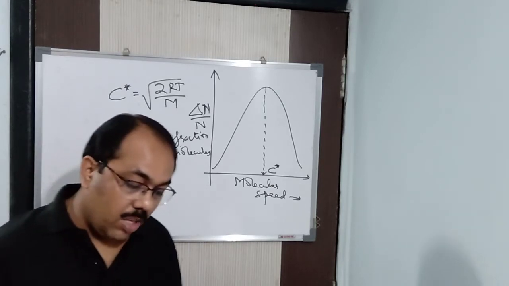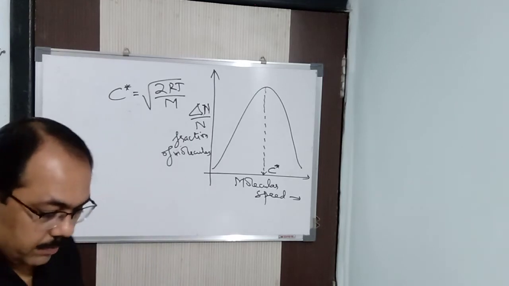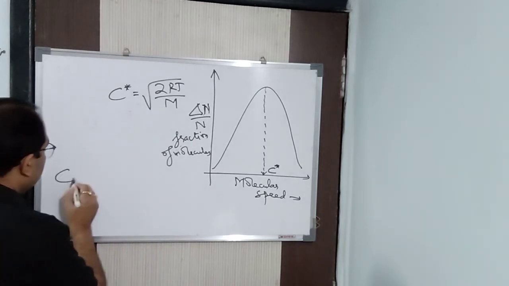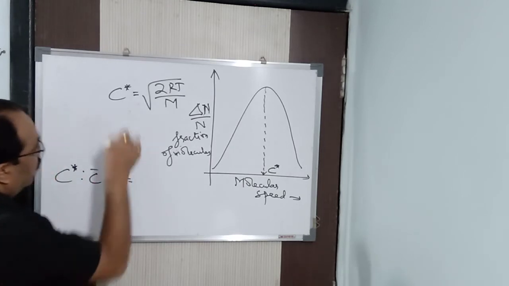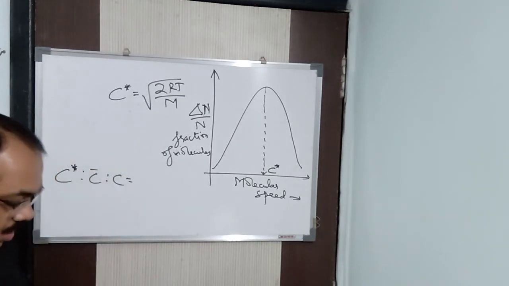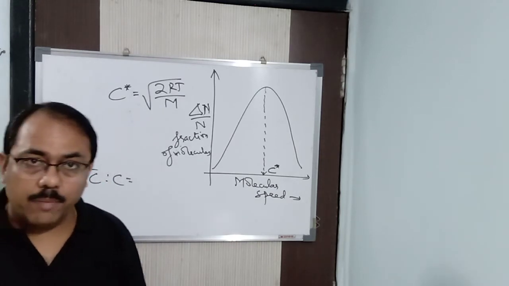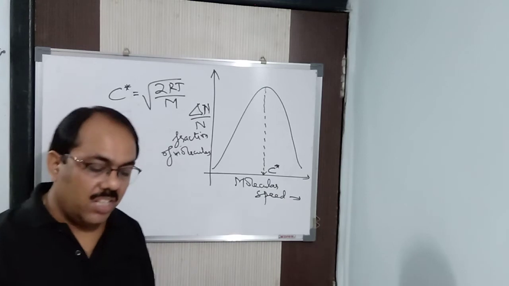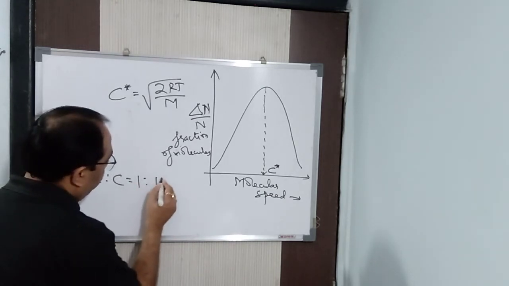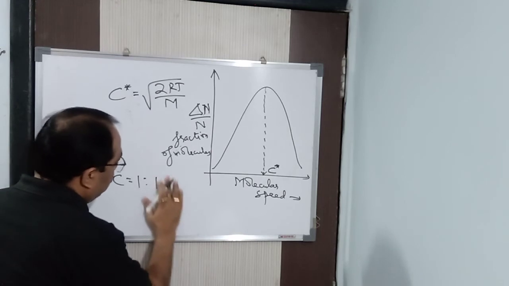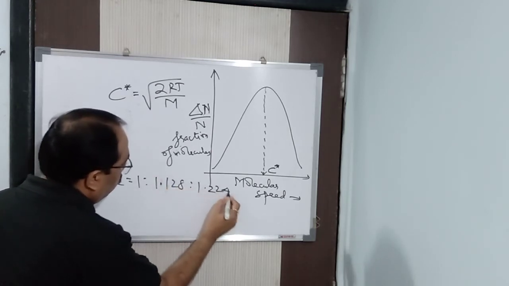Got it? Now if you find a relationship between them, you get C star is to C bar is to C. You put the values: C star is root over of 2RT by M, C bar is root over of 8RT by pi M, and C is root over of 3RT by M. You will get 1 is to 1.128 is to 1.224.